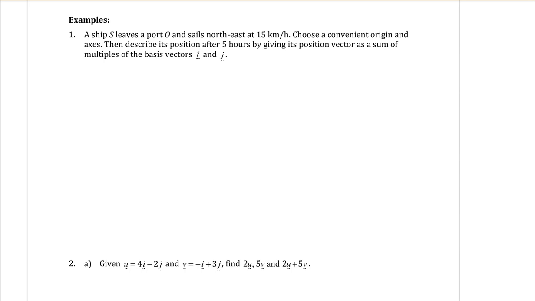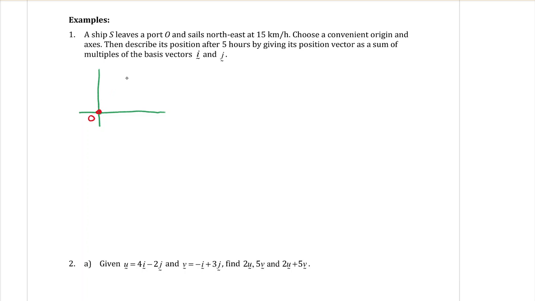Okay, it says to choose a convenient origin. I'm going to draw a little diagram. Obviously, the most convenient starting point to choose is the origin. So we're going to start here at O, the origin, and we are going to travel out to some point.